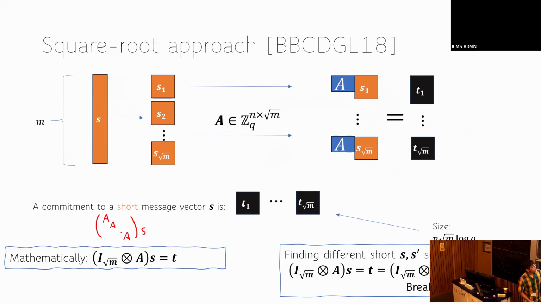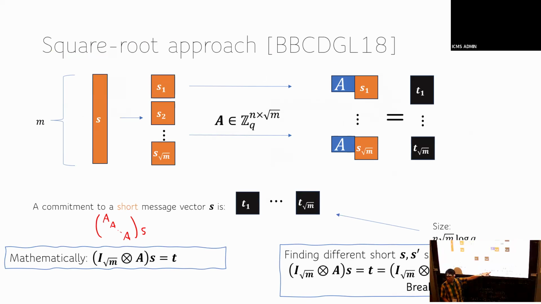Well, I'm talking about SIS for this A. Right, so if S and S prime differ, they differ in one of those instances, and I can find a short solution for A.